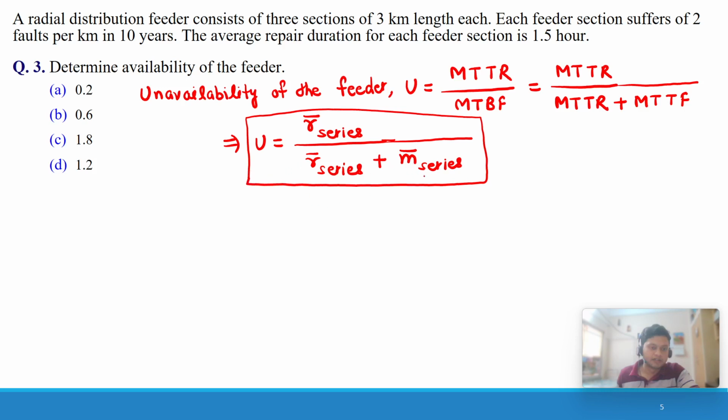We already found this R bar series, the mean time to repair. We don't know the mean time to failure. To find it, mean time to failure is the reciprocal of the failure rate, so it is 1 divided by lambda series. In the last problem, lambda came out as 1.8 faults per year, so it gives years per fault.